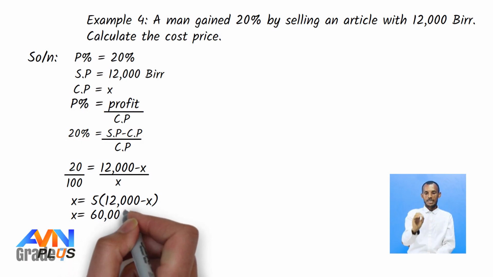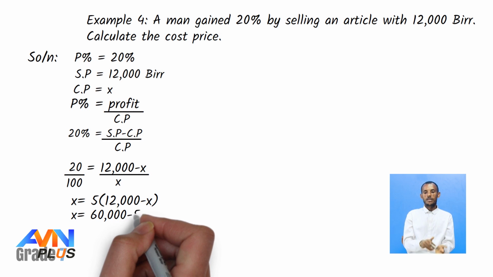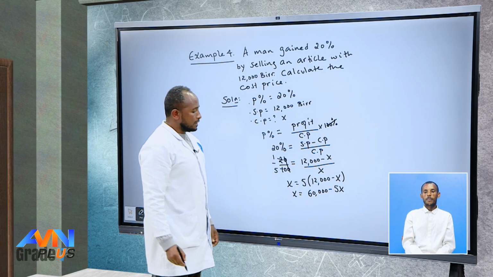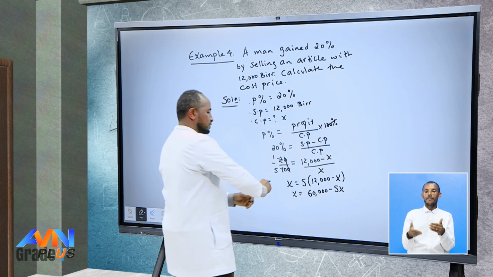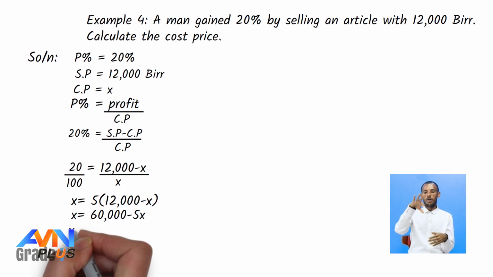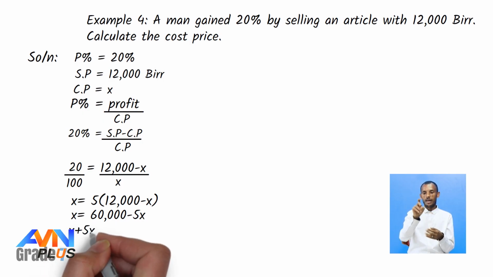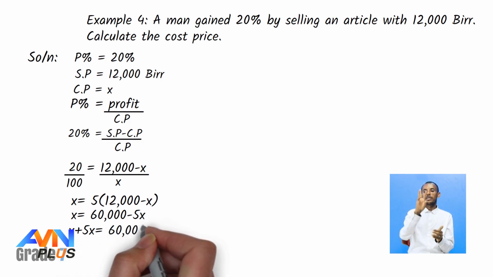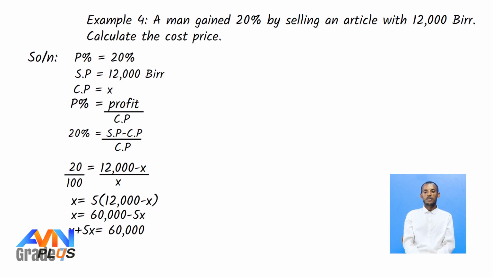Therefore, you have 60,000 minus 5 times x, which is 5x. Then take 5x to this side. You will have x plus 5x is equal to 60,000.